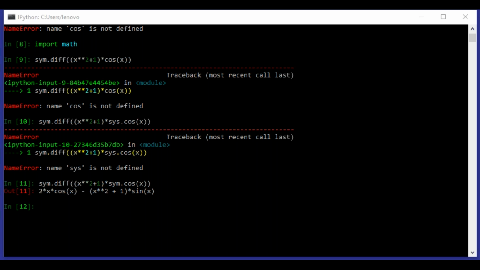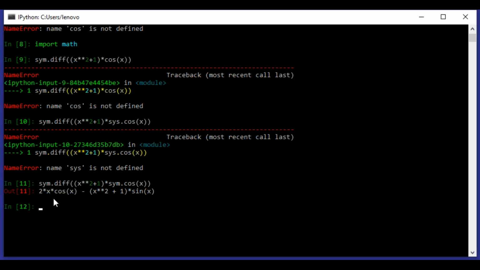Therefore, 3 into x square minus 3x plus 5 whole squared into 2x minus 3. That is our answer. Then multiplying, we can get the simplified answer.